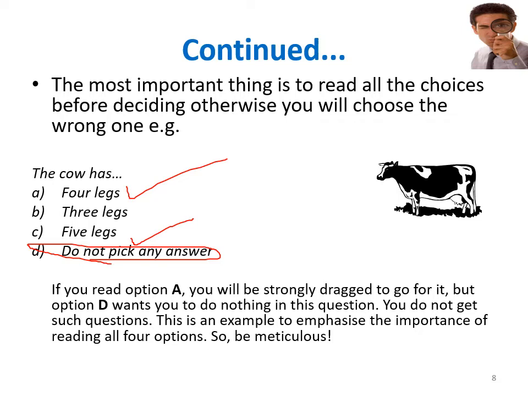So this is just to make you aware that observation, close reading, and careful reading will definitely help you. So read all four options before choosing any answer. This will definitely eliminate chances of error.